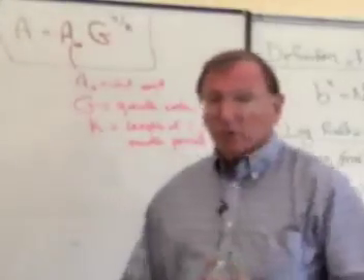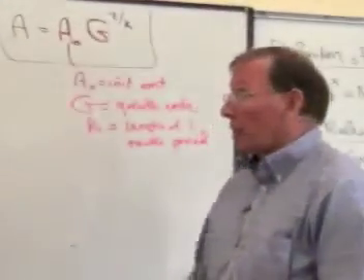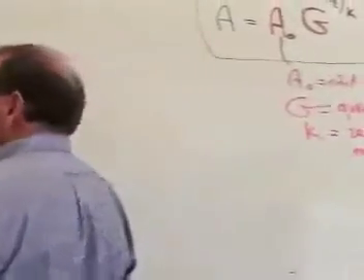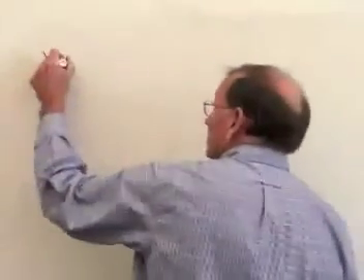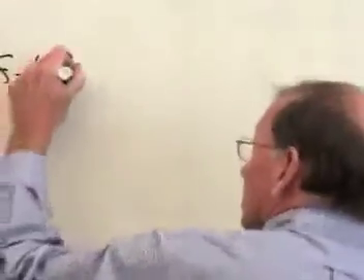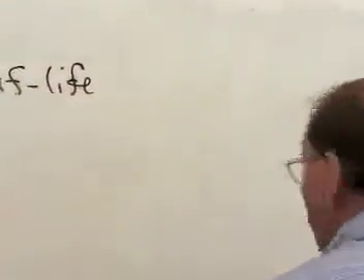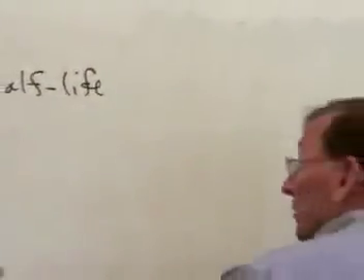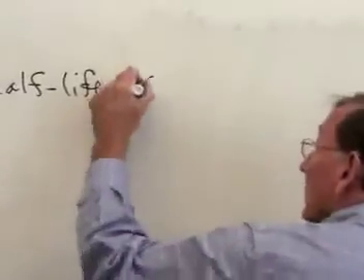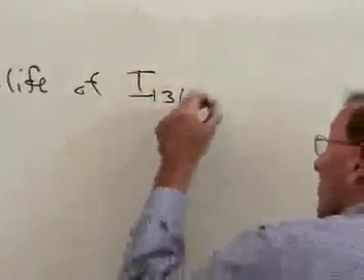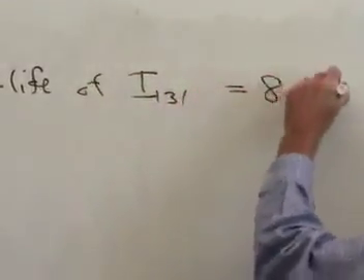Okay, there are actually two other types of problems I'd like to review with you. One is called a half-life, which can be solved by using this basic approach. So, for example, the half-life of iodine-131 is 8 days.